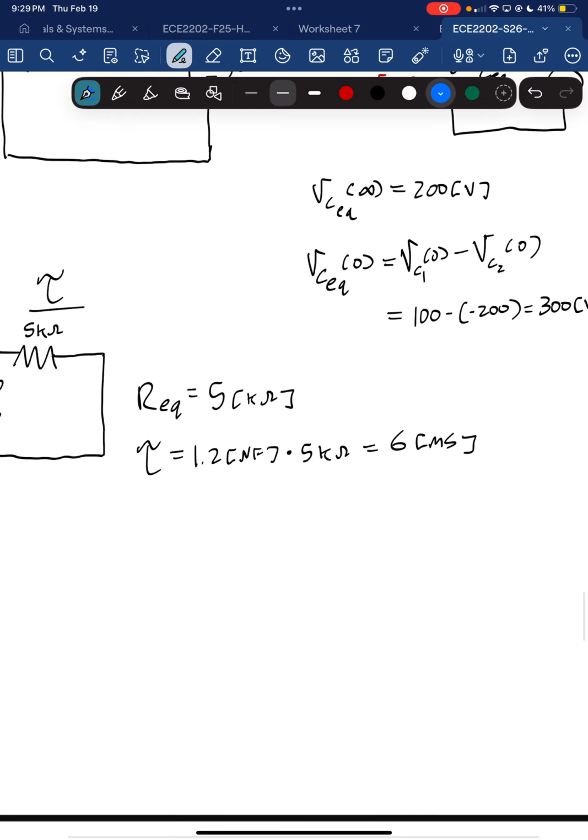And so now we have everything we need to write our VC equivalent of t equation. 200 volts plus 0 minus infinity, so it's going to be plus 100 volts, times e to the negative t over 6 milliseconds.